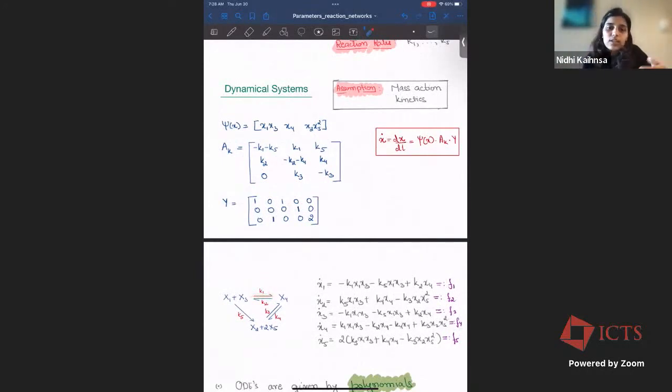That determines how fast my X1 is being consumed. That means the rate of change, X1 dot, is minus K1 times the concentration of X1 times the concentration of X3. This part is clear to me.